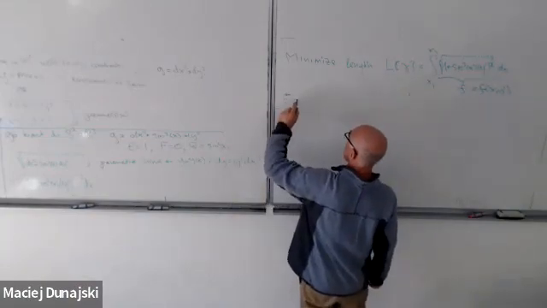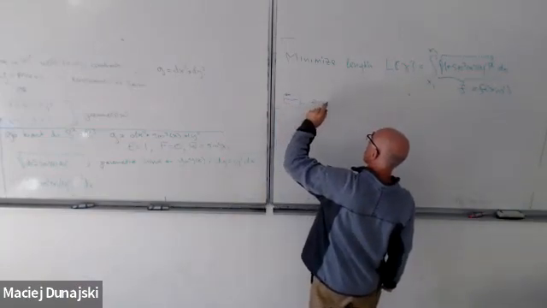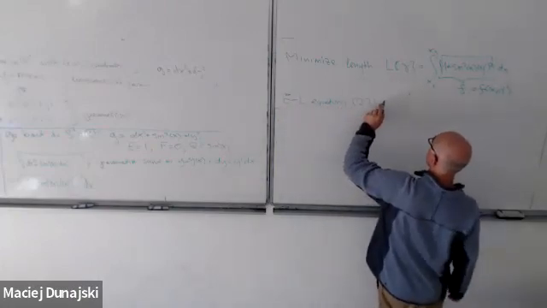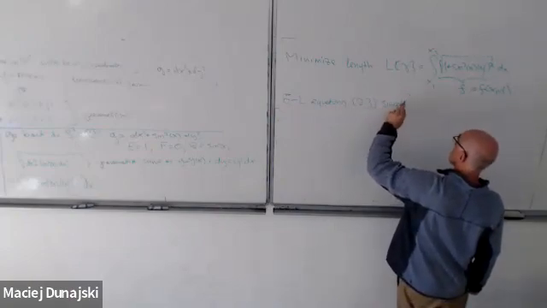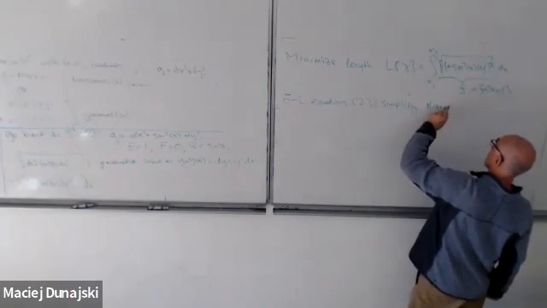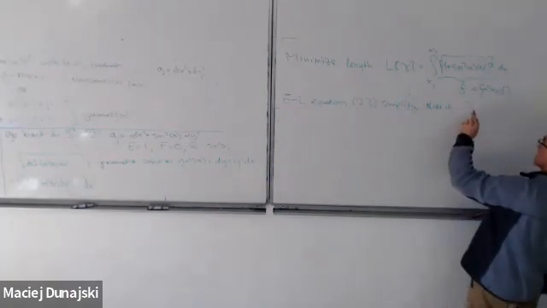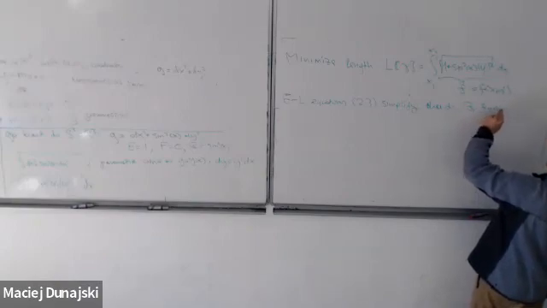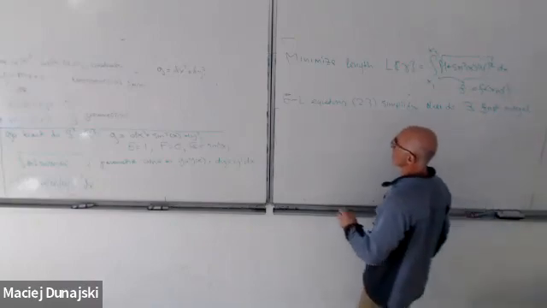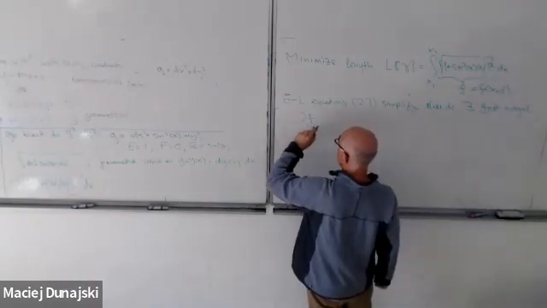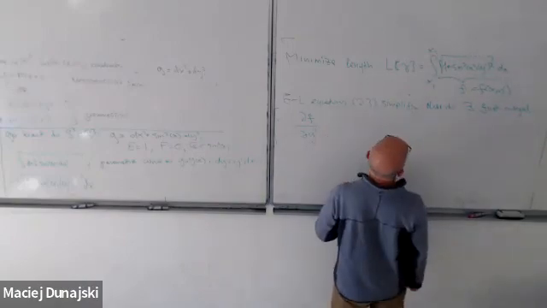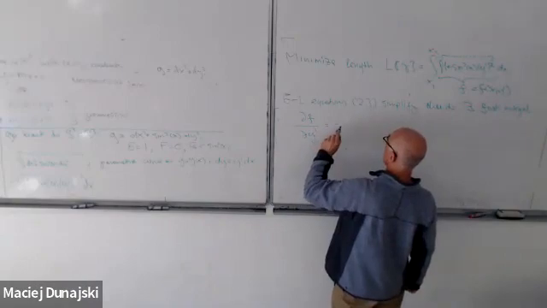So I'm going to use the first integral, which I found last time. The Euler-Lagrange equations 2.3 simplify due to existence of first integral. The first integral is df by dy prime equals constant.